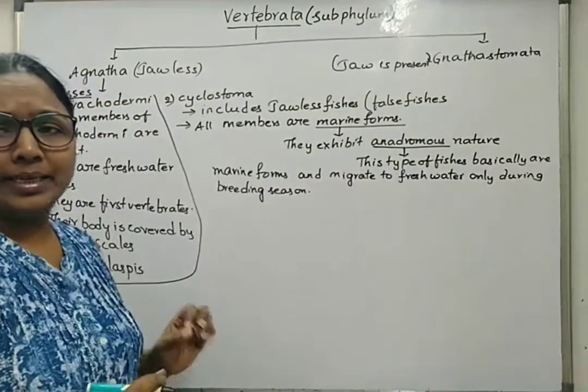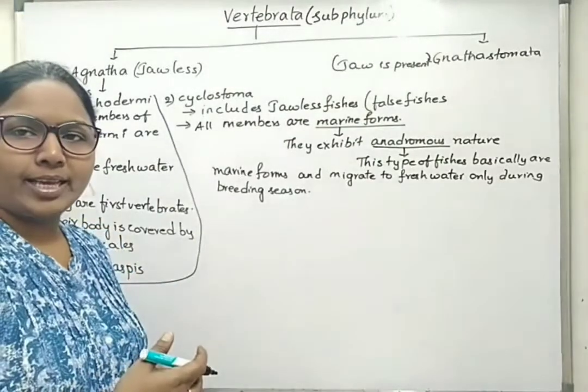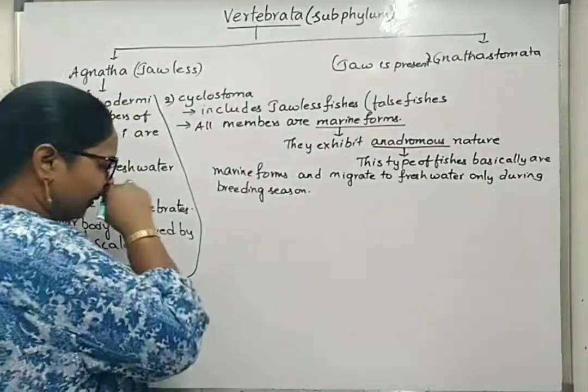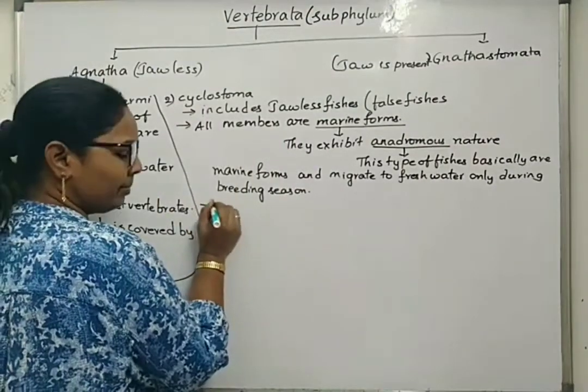Once they migrate to fresh water and produce eggs there, their lifespan is finished. They won't move back. This is the case with these Cyclostome members.